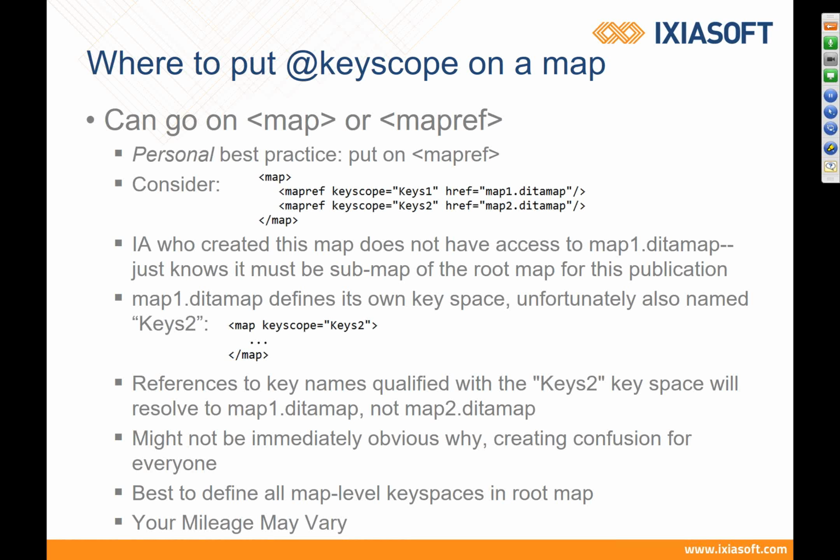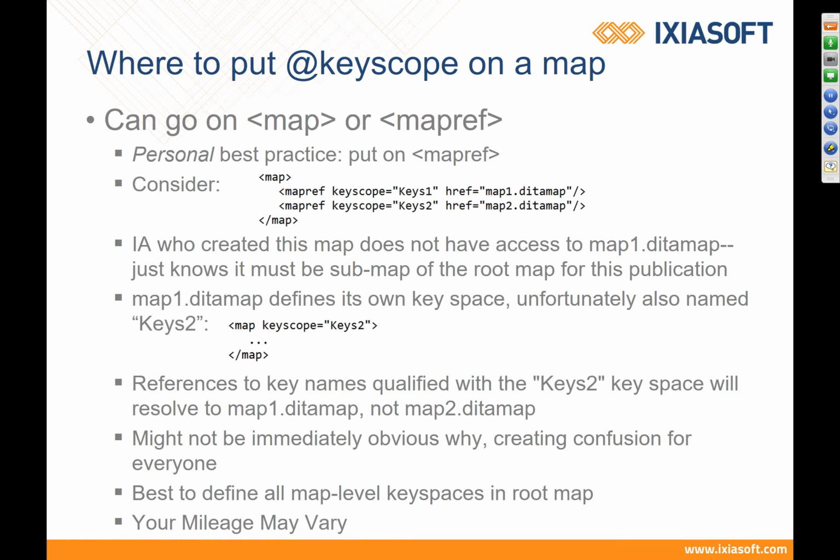So even if you have not explicitly defined keyscope on a parent map, but you have key spaces within submaps, and you have the same key defined in the parent map and somewhere in the submaps, it's going to be the parent map key definition that is going to hold, I do believe.